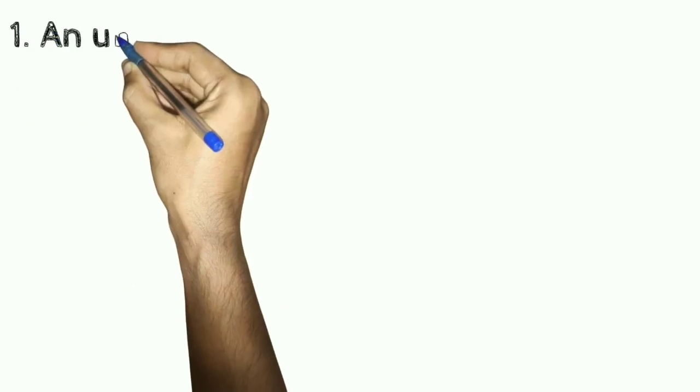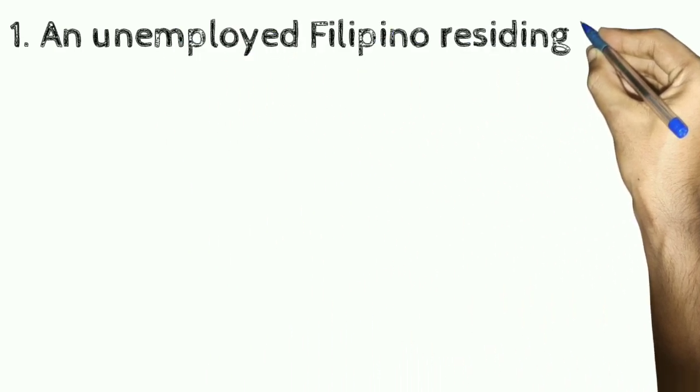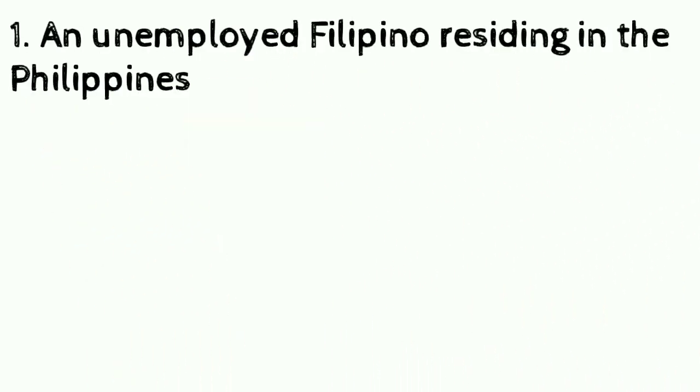So, ika-classify natin siya kung resident citizen, non-resident citizen, resident alien, non-resident alien engaged in trade or business, or kung non-resident alien not engaged in trade or business. First example is an unemployed Filipino residing in the Philippines. Ano nga ba ang kanyang appropriate classification?